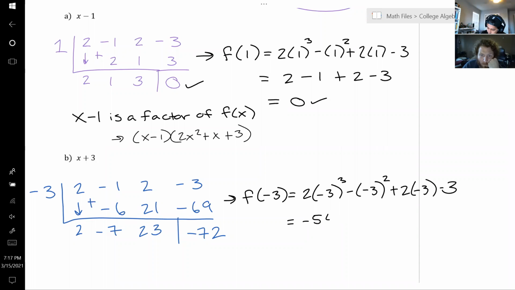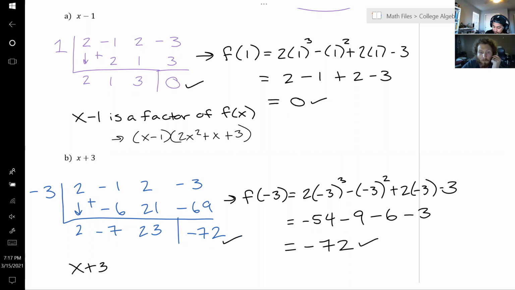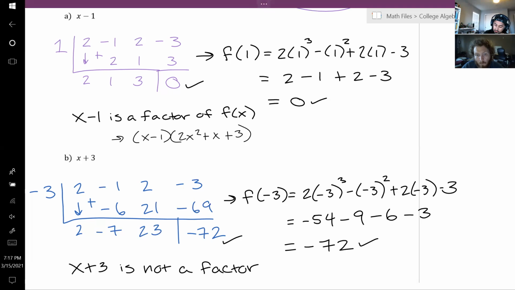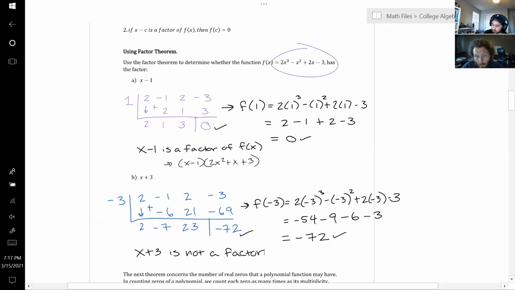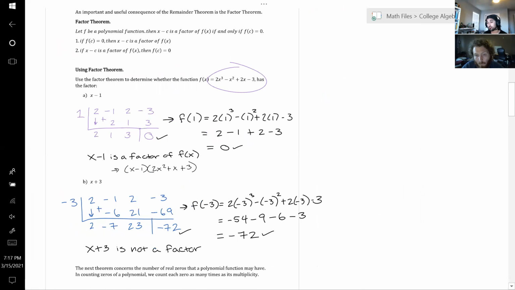So it's -54 minus 9 minus 6 minus 3. That's -63, -69, -72. Checks out. But since it's not a remainder of 0, we say that x plus 3 is not a factor. Okay. Any questions on that?